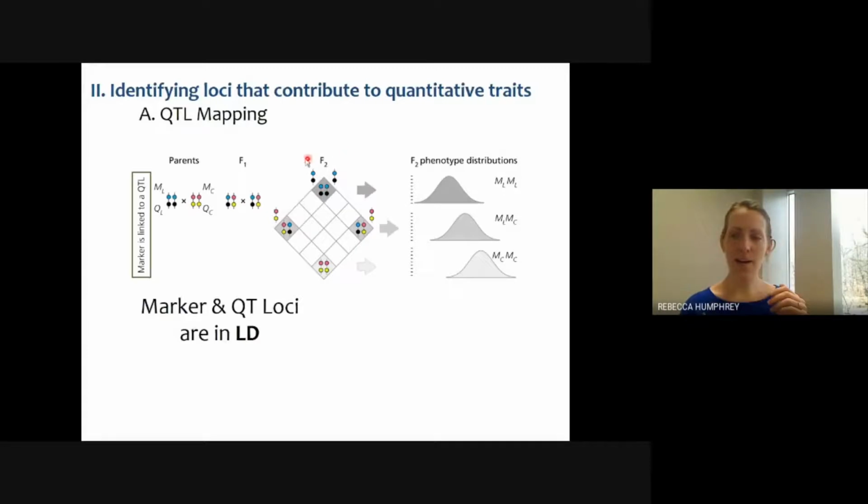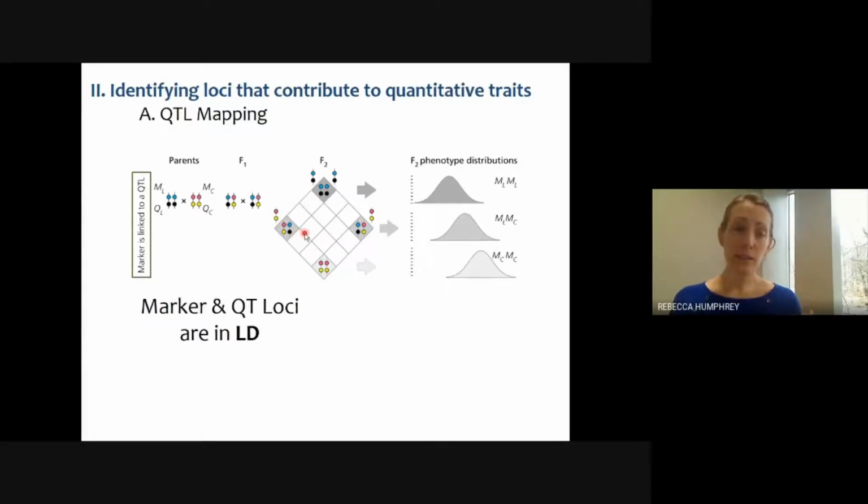So we're going to have individuals who are homozygous black and homozygous blue, individuals who are homozygous pink and homozygous yellow, and individuals who are heterozygous for both in this specific way, pink and yellow together and blue and black together.